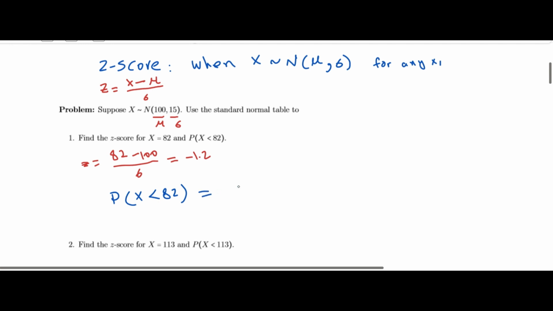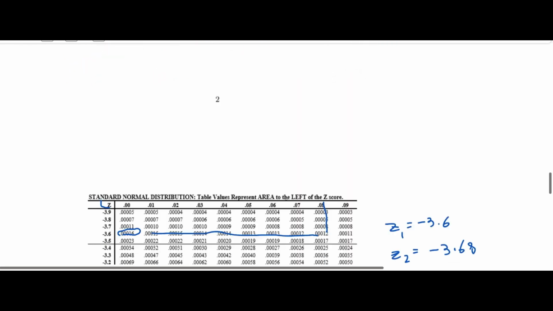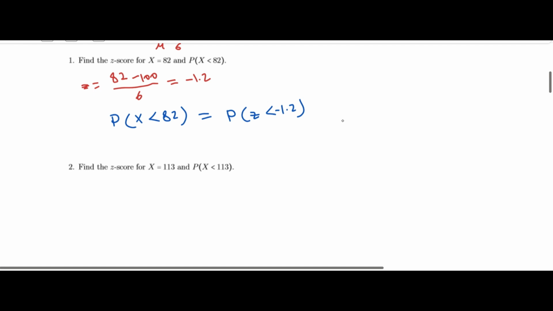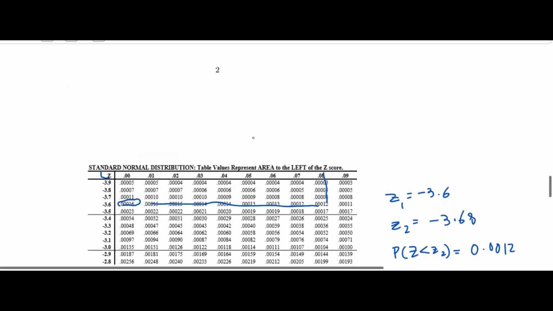Now the next part says compute P of x less than 82. This is equal to P of z less than negative 1.2, which is also equal to phi of negative 1.2. So let's go back to the table.